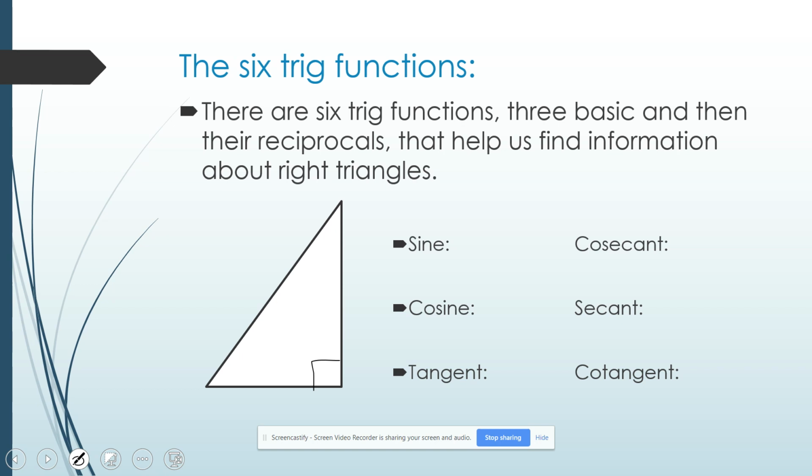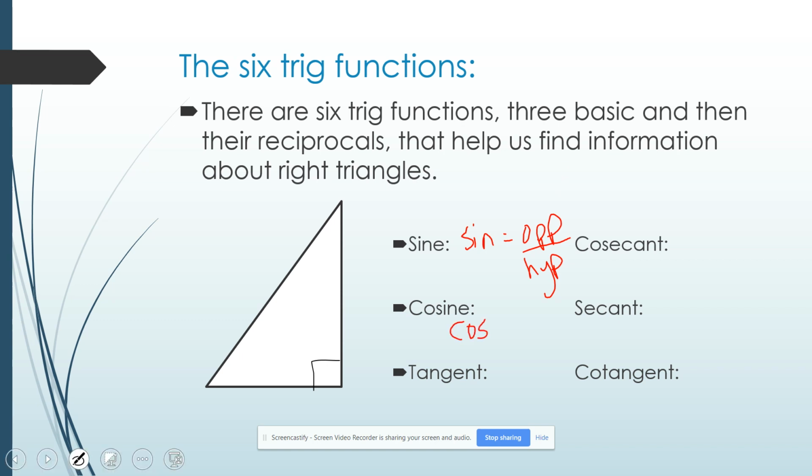So we've reviewed our 3 main trig functions, sine, cosine, and tangent. We now have our reciprocal trig functions that we're going to talk about, cosecant, secant, and cotangent. So sine is abbreviated SIN, and that is the side opposite over the hypotenuse.